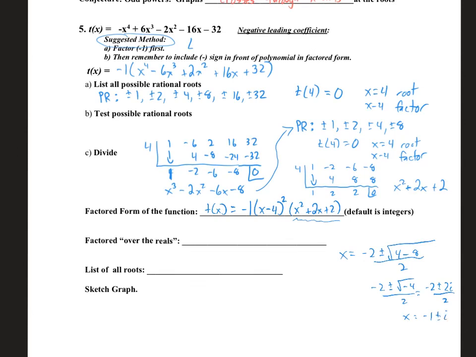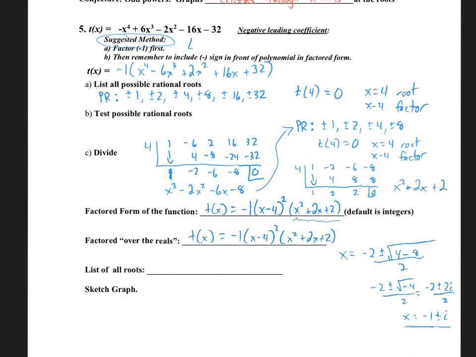Okay, now notice here that these are not real number roots. These are two imaginary complex roots. Okay, so factored over the reals is actually going to be, in this case, the same as above. Not anything else we can do with that.